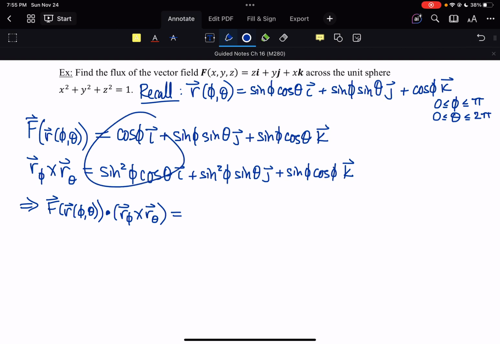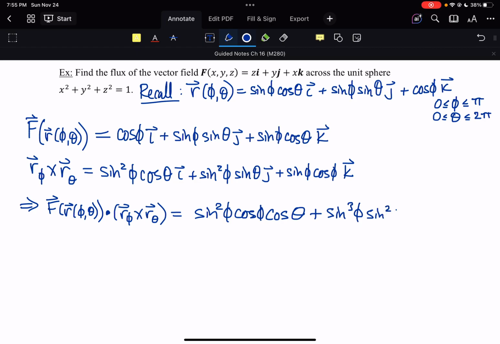So we're going to get, for the first two, sine squared phi cosine phi cosine theta. For the second one, we get that sine cubed phi sine squared theta.